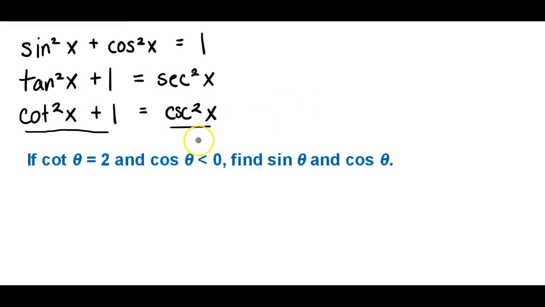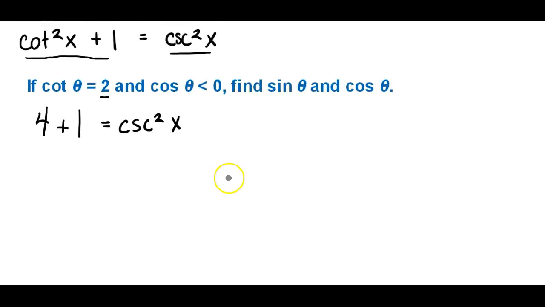So let's first find out what cosecant is equal to. We know that cotangent squared of x is just taking the cotangent of x and squaring it. So since cotangent of theta is 2, we'll square that. So we get 4 plus 1 is equal to the cosecant squared of x.